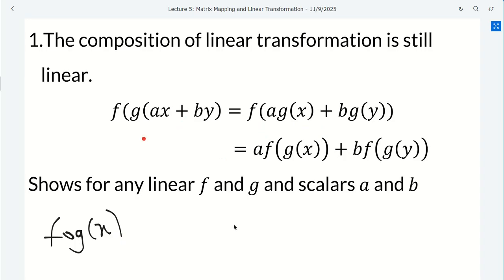So here, f of j, the j will act on the individual components, then the f will now act on the result. So addition and scalar multiplication are still being maintained.